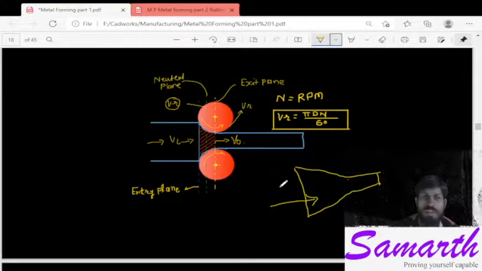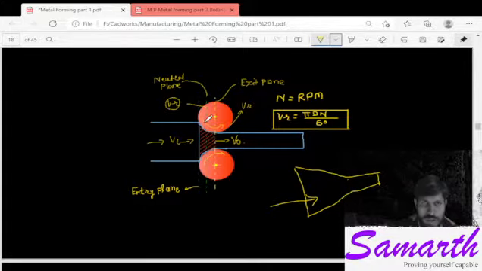So what will be the effect on the rolling process? As the velocity of this roll is constant, Vr given by pi dn by 60, because of this difference in the velocity of the sheet there will be slipping.